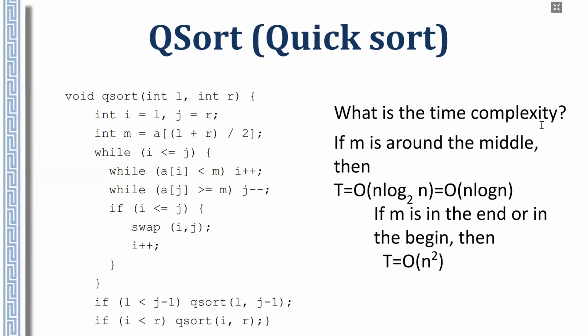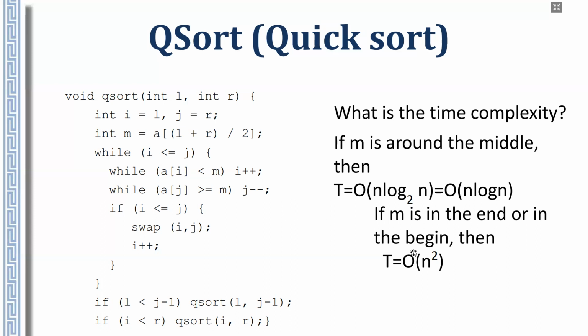But anyway, someone can prepare data for you, if he knows your algorithm, such that in these places are the maximum values of the segment, and in that case the complexity will be n squared in the worst case.